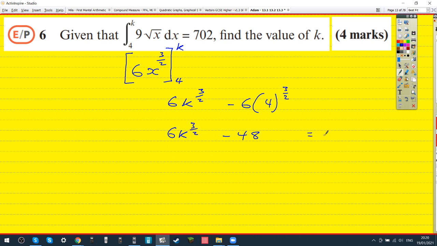Well done. And then can we add 48 to both sides? Yep. 750. And then we can divide by 6 on both sides. Yep. Which is 125.